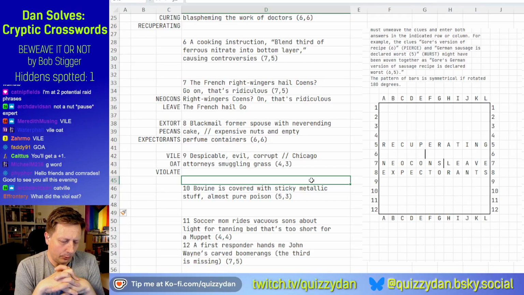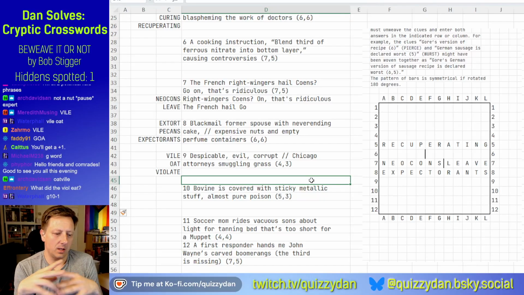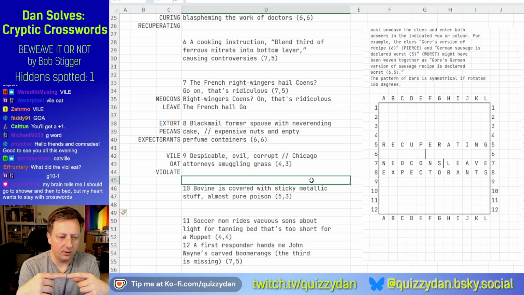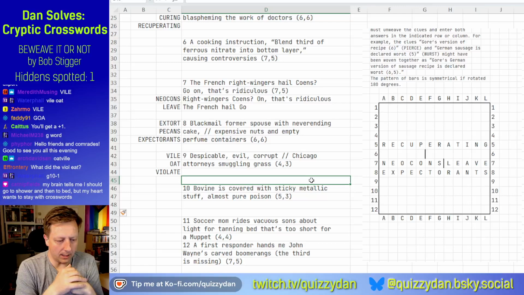That's my current thought. Because I'm not seeing a nice point to chop this clue into. And pure and poison, I don't want to be in the same thing. I like almost pure or almost poison to do a thing. And those clues are going to be inevitably trickier.